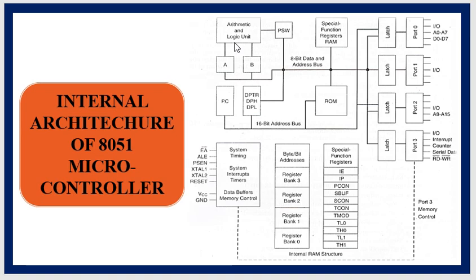and logic operations such as AND gate, OR gate or XOR come under logical operations. Next we have the program counter, shortly called the PC. This program counter is a 16-bit register and it has no internal addresses. The basic function of the program counter is to fetch, from the memory, the address of the next instruction that is to be executed.